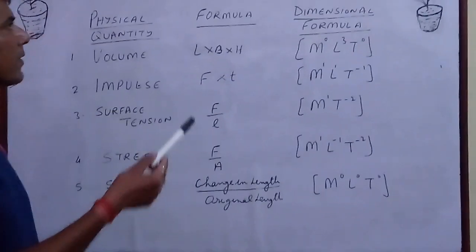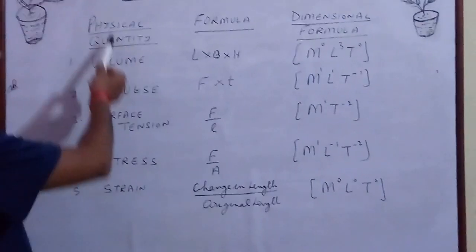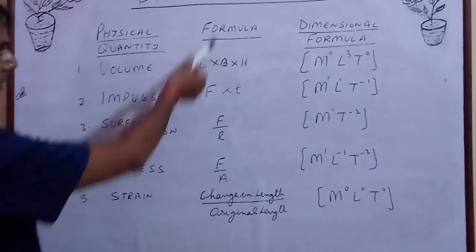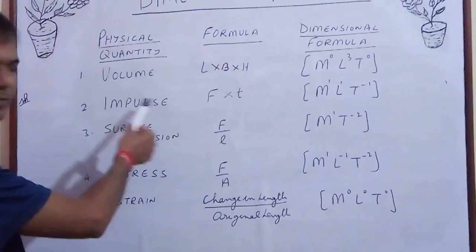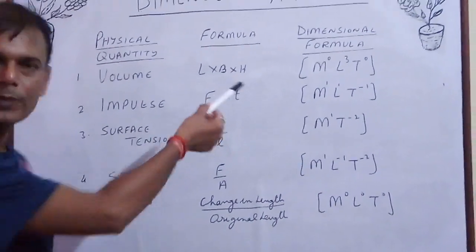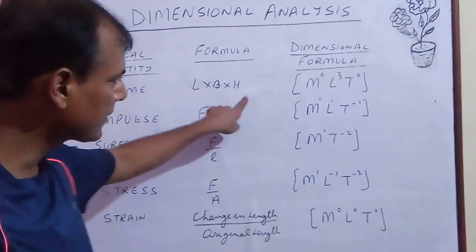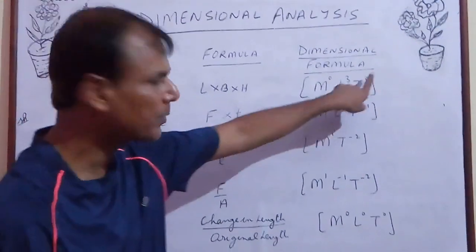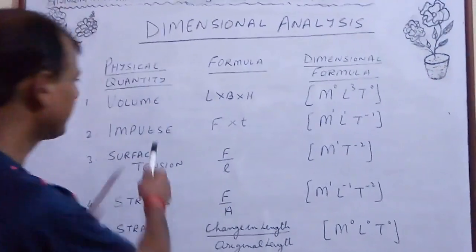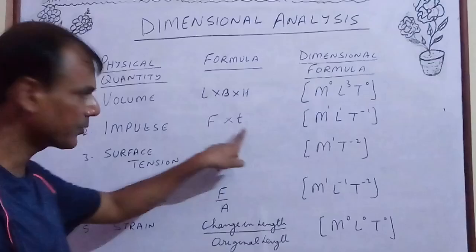Few more examples of dimensional formula. I have written physical quantity and its dimensional formula. For volume, the general formula is length into breadth into height. They all are units of length. So it is M0, L3, T to the power 0. Similarly, impulse is F into t.